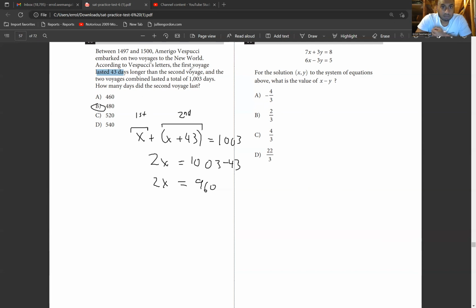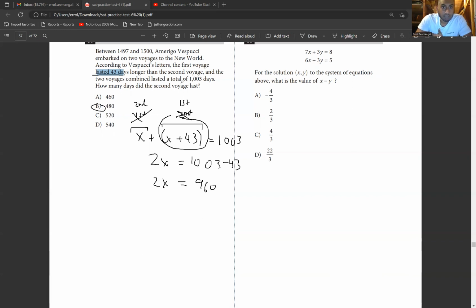According to this guy's letters, the first voyage lasted longer. This one is the first, and this one is the second. The first one was longer. Okay. This one right here is the first one. So then we're right. 480.